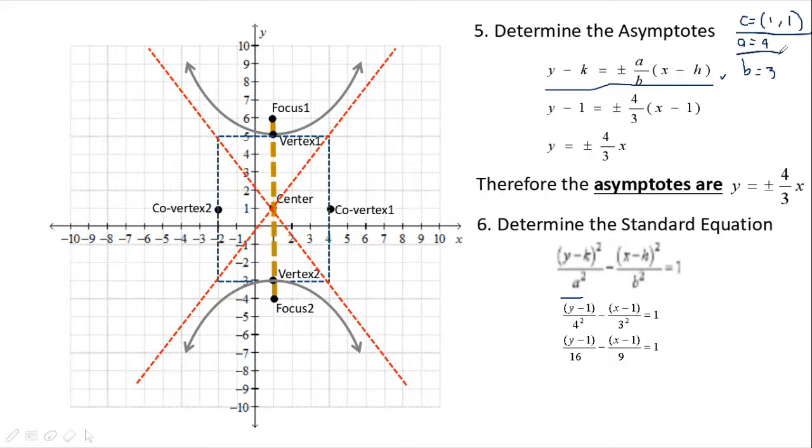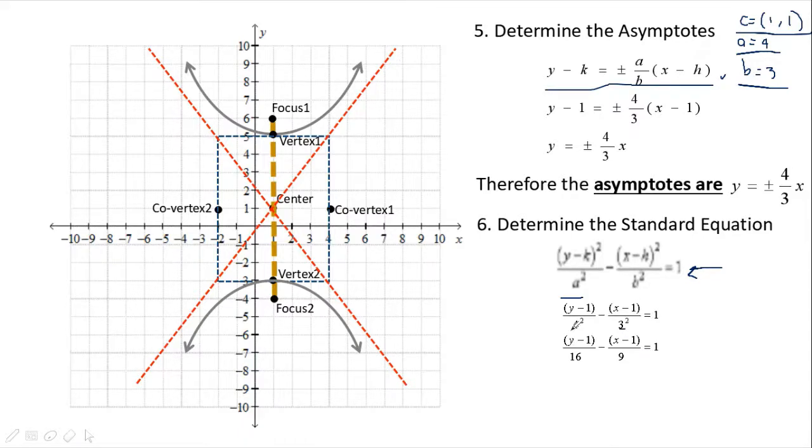So (y minus 1) squared over 4 squared, copy the minus, then (x minus 1) squared over 3 squared equals 1.